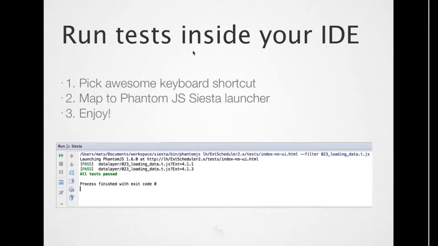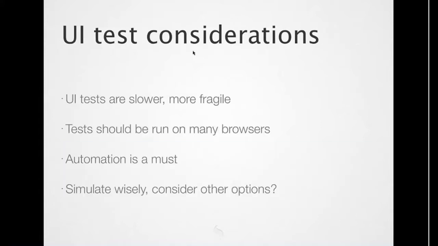Some things you should consider when writing UI tests, though. UI tests are by nature slower and also more fragile because they involve the DOM, and the DOM can be a tricky beast. And since differences between browsers are typically seen in the DOM rather than in the JavaScript space, you definitely need to run your UI tests on many browsers. Doing it in Chrome and Firefox is not enough.